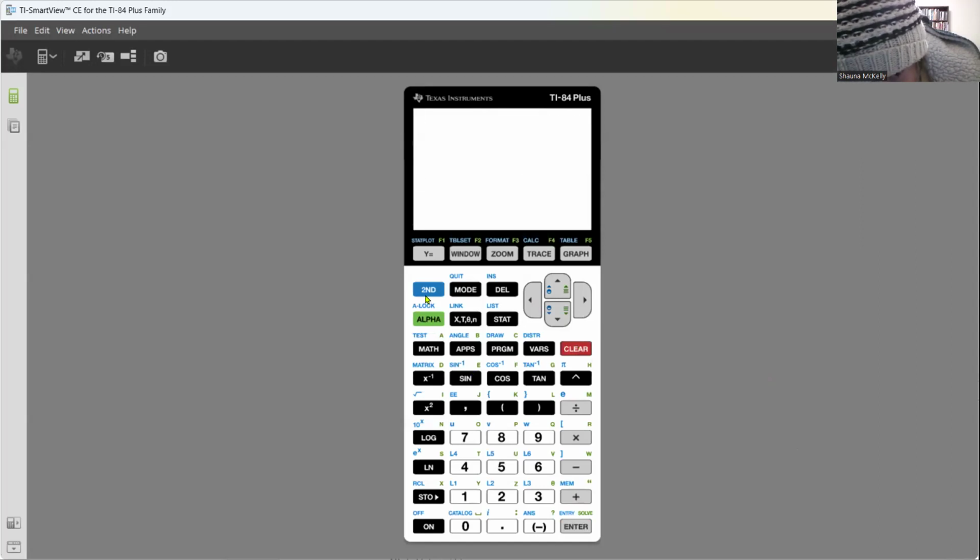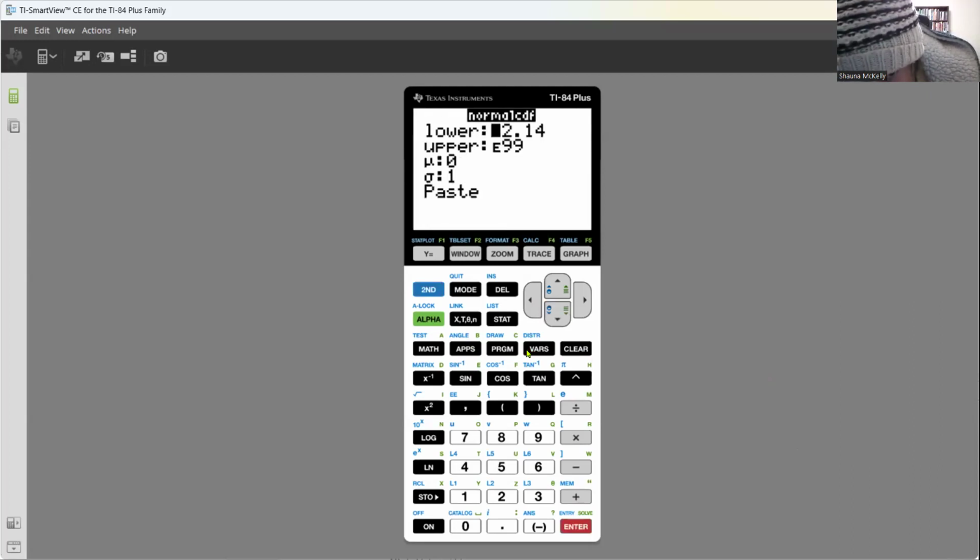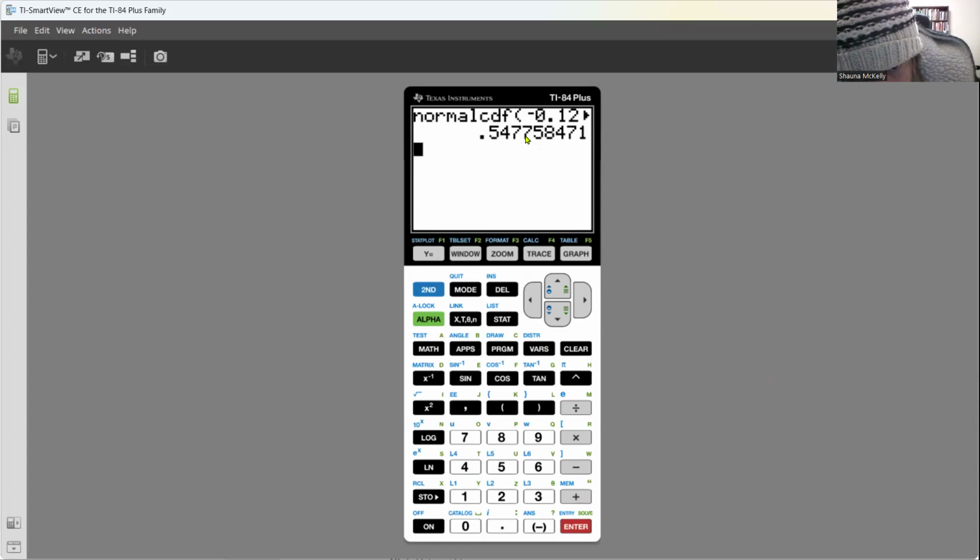So what we have is second distribution, normal CDF. I'm going to fix this: negative 12.12 E99. And we're pasting it, and we get 0.54775. Remember, this 5 makes this second 7 an 8, so 0.5478.